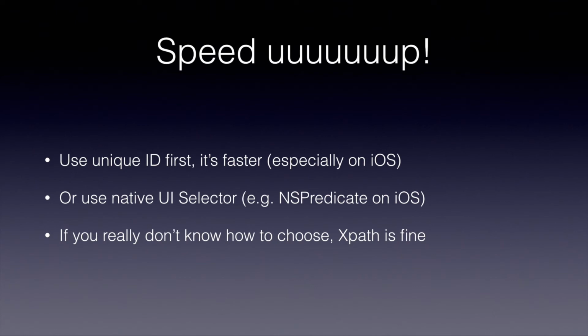But for dynamically generated lists or other elements that cannot have a unique ID, you can use XPath, so it's fine.